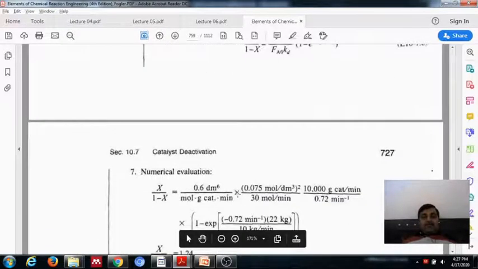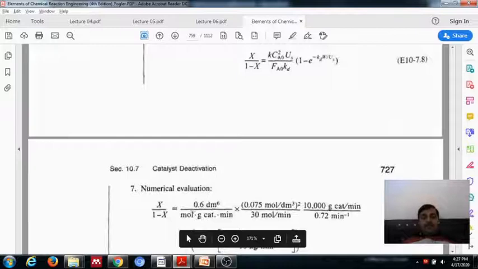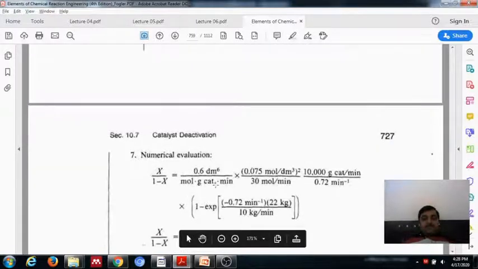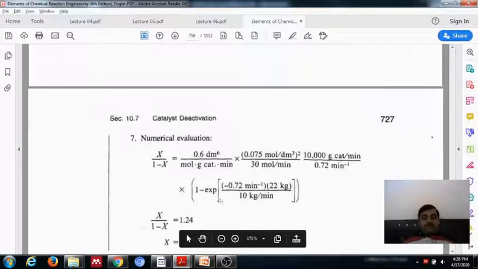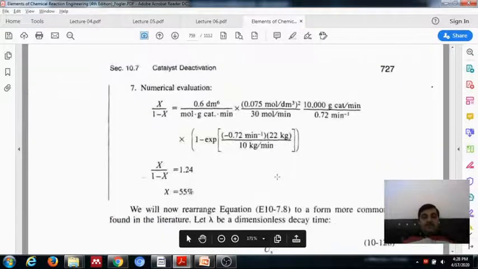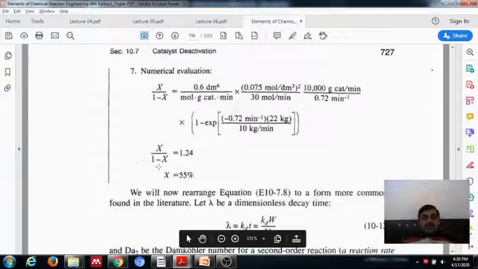Let us move ahead to see k value 0.6, Ca0 square 0.075. Now there has been the balancing of this rate of catalyst. So mass velocity is given, and if you solve everything together, you end up at 55% conversion.